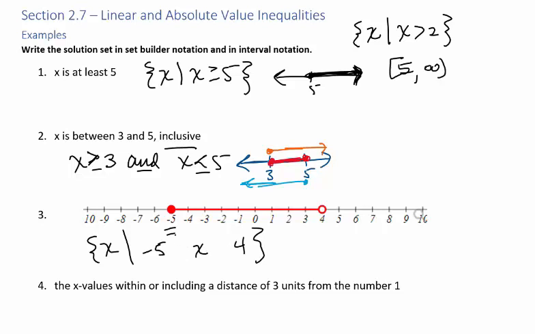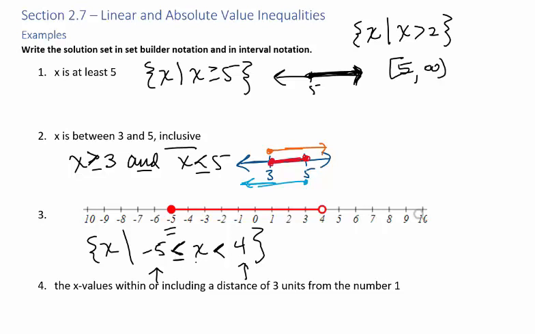Then we just have to get our inequality symbols correct. So on the left, we see that this -5 is shaded in, so we're going to have less than or equal to, but the other 4 is not shaded in, and therefore it's just going to be a less than. All of the time, as long as your smallest number is on the left and your largest is on the right, every time these symbols should be less than.